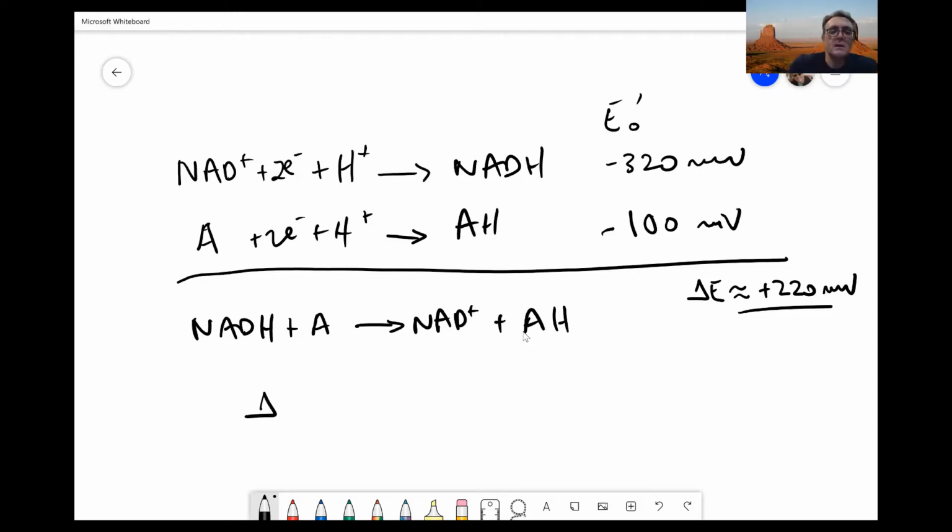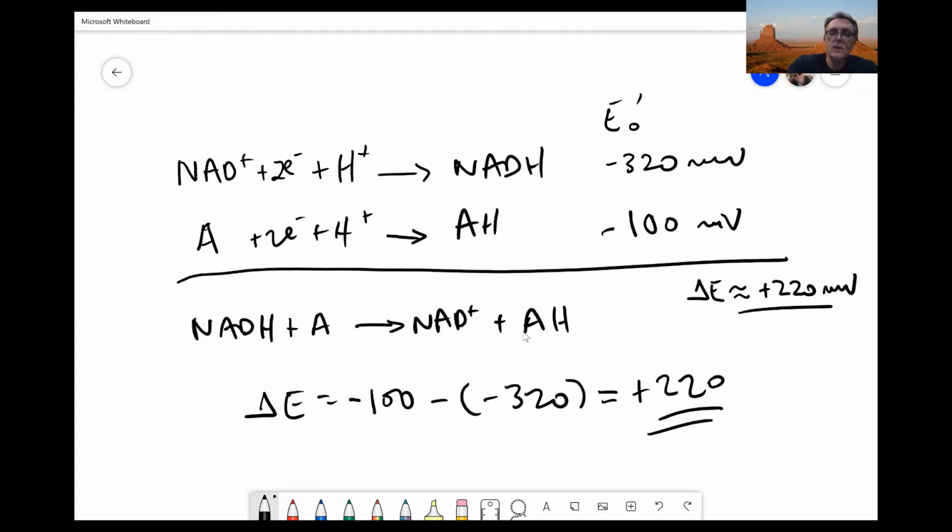If you couple these reactions, whatever gets reduced, which is minus 100, minus the minus 320 for the NAD, gives you the plus 220. Now, that's a minimum. The higher this value is, the more ATP conceptually you can get out of the electron transport.